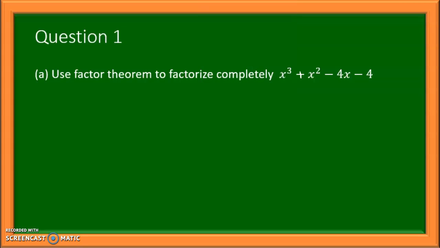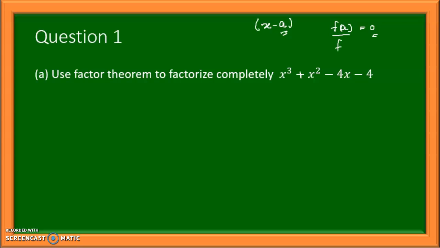First of all, what does the factor theorem say? The factor theorem says if a polynomial f of x is divided by any linear polynomial, say x minus a, and the remainder f of a equals 0. Conversely, if f of a is equal to 0, then x minus a is a factor.